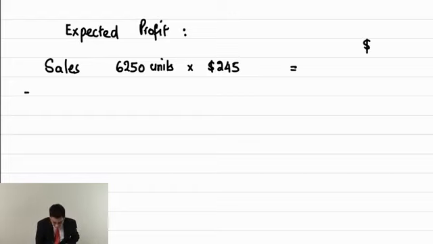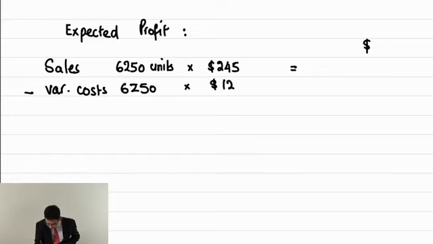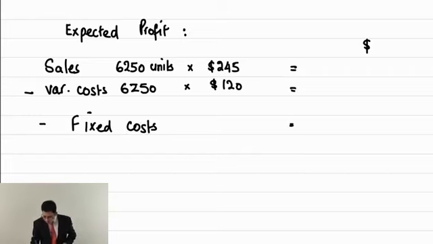Then minus variable costs: 6,250 times, remember variable cost is 120, and then minus fixed costs. And fixed costs do not change whether we sell a bit more or a bit less.